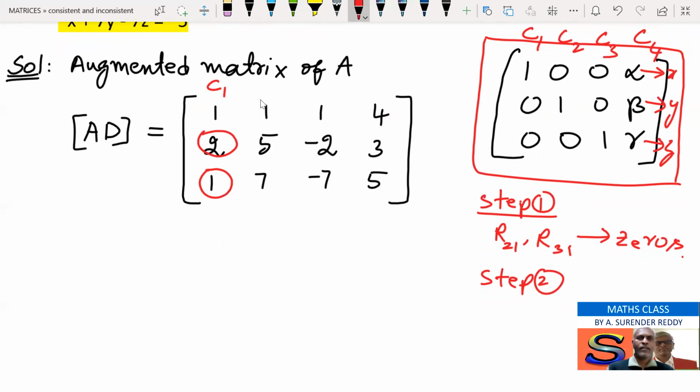In C2, these two are zeros. In the second step, we convert the elements R12 and R32 into zeros. In the third step, in C3, we convert the first two elements into zeros, R13 and R23.